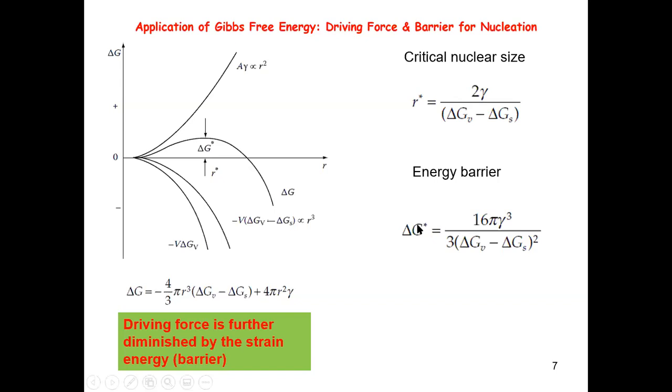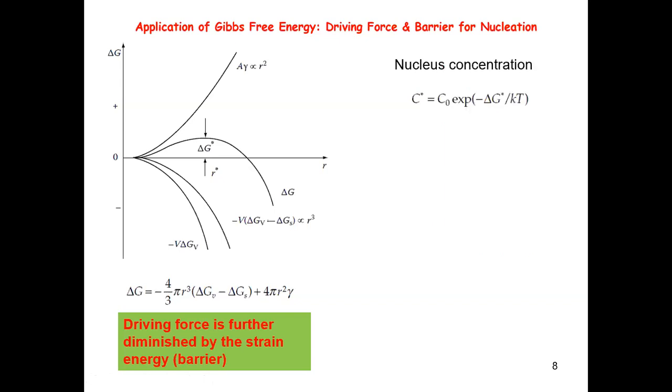We talked about the driving force, we talked about the barrier, and then we can follow the exact same procedure to work out the nucleation rate. First we write down the nucleus concentration, which is proportional to the Boltzmann factor containing the energy barrier.